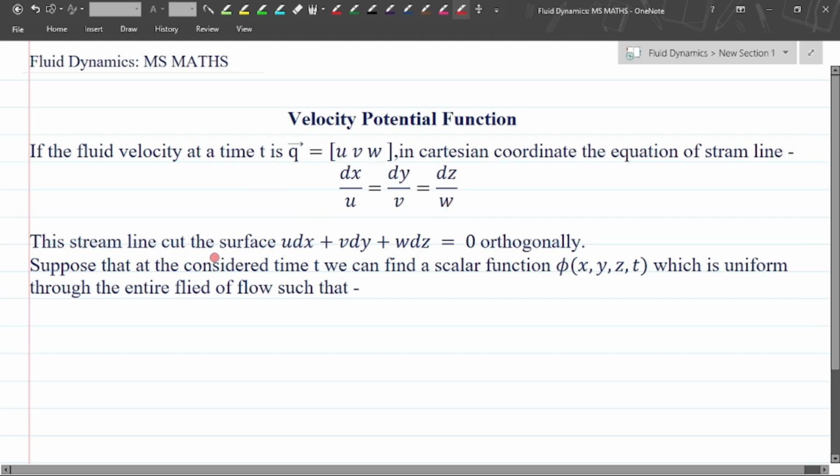This streamline cuts the surface u dx plus v dy plus w dz equals 0 orthogonally. Orthogonally cut means that the angle between the intersection will be 90 degrees.